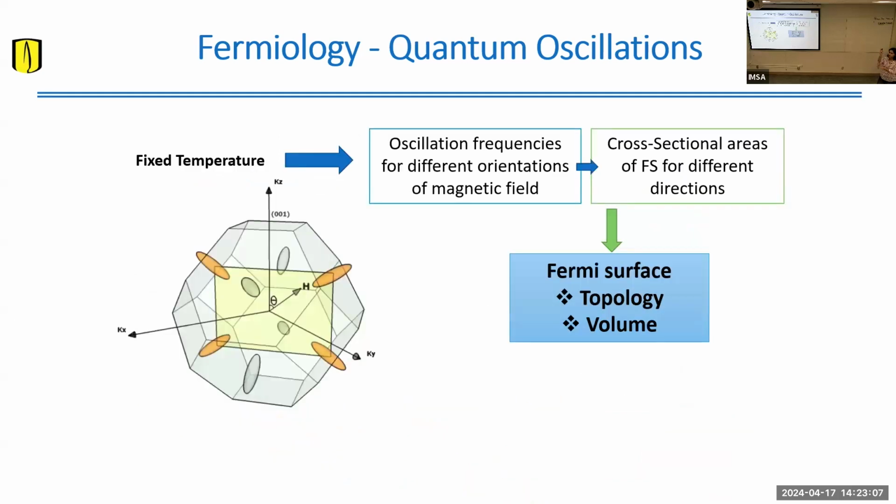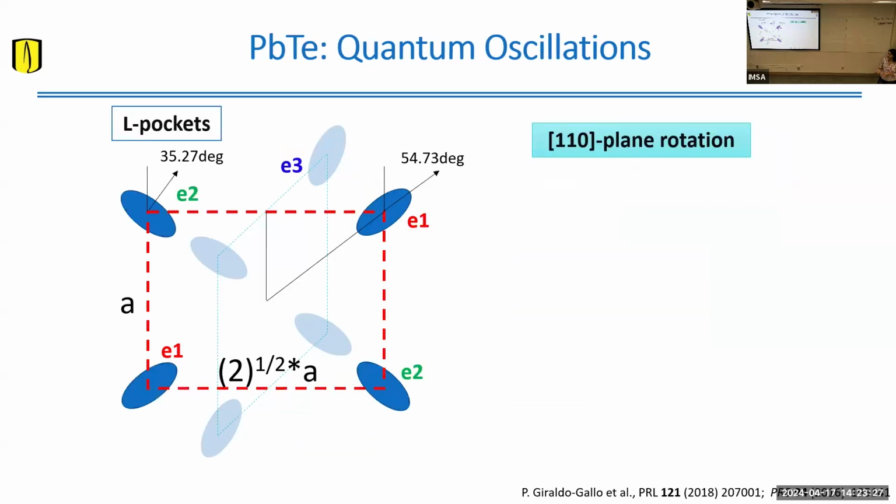So if you rotate your magnetic field along different directions, you can actually cross different cross-sectional areas of this Fermi surface. And by tracking how this evolves as you orient your magnetic field along different directions, you can actually deduce the shape of your Fermi surface. So this is what we have done, for example, for this system.